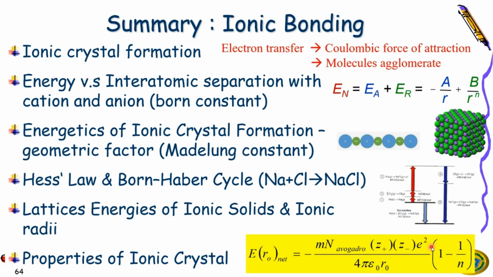Let's use ceramic as an example. Ceramic is an electrical insulator, non-conductive, and a thermal insulator. It's not a very good thermal conductor. And it's transparent because of the band gap.